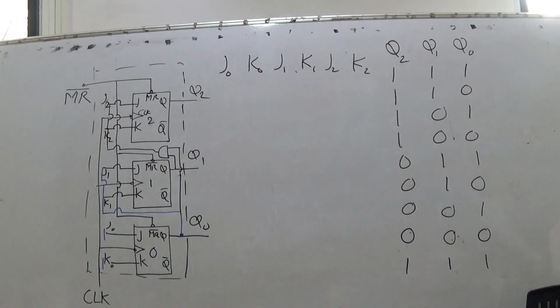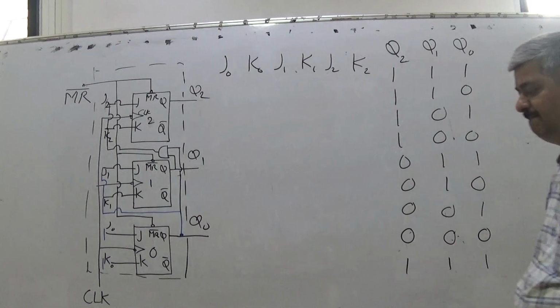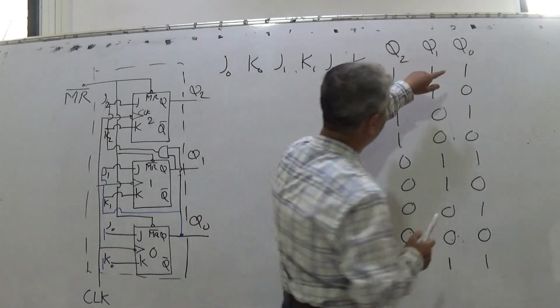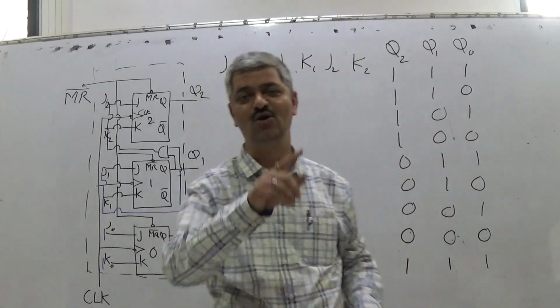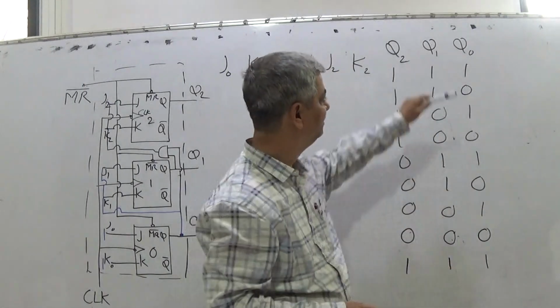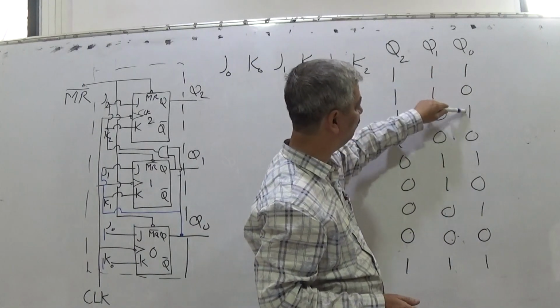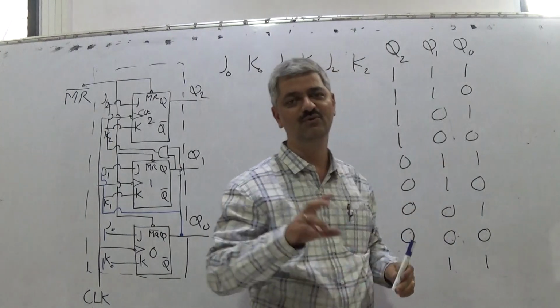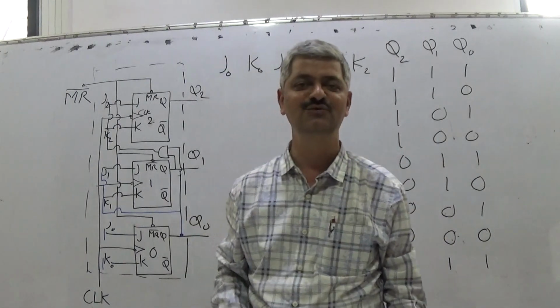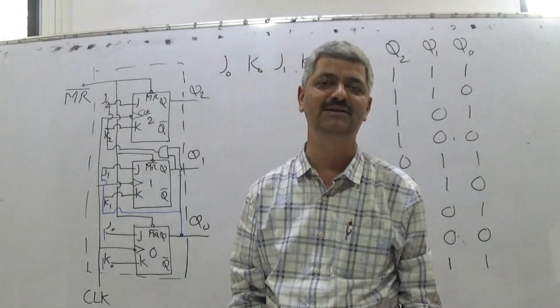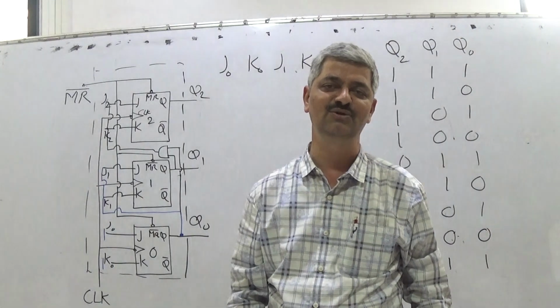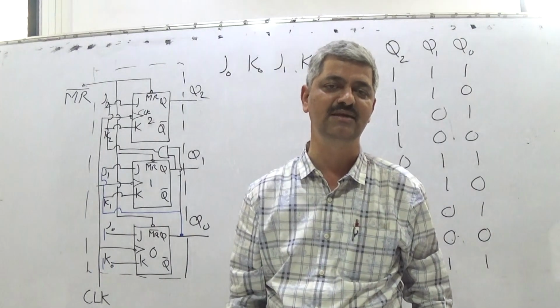We look at Q0. What is Q0? Even in our down counter, Q0 always toggles: 1 to 0, 0 to 1. So if a question is asked to design a 1 bit up counter or 1 bit down counter, since there are only two states, up is the same as down.